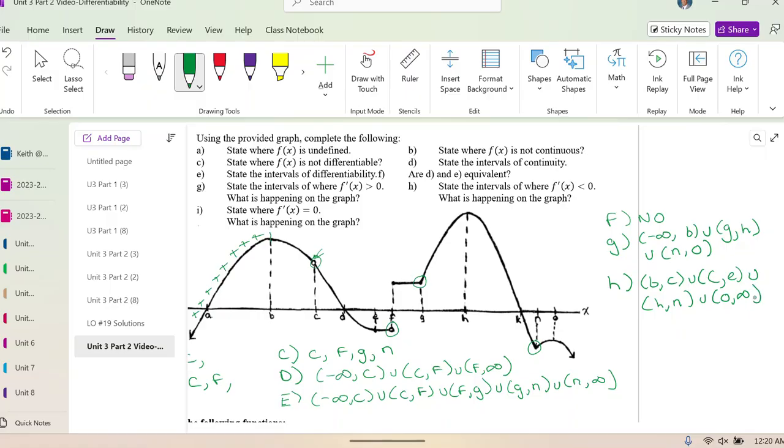And notice this is where the graph is going down from left to right. Where is the derivative 0? It's at basically the top of the parabola at b. The slope is also 0 from e to f.